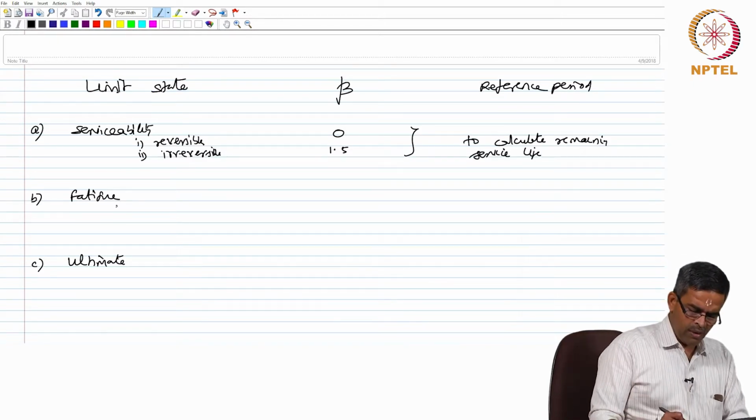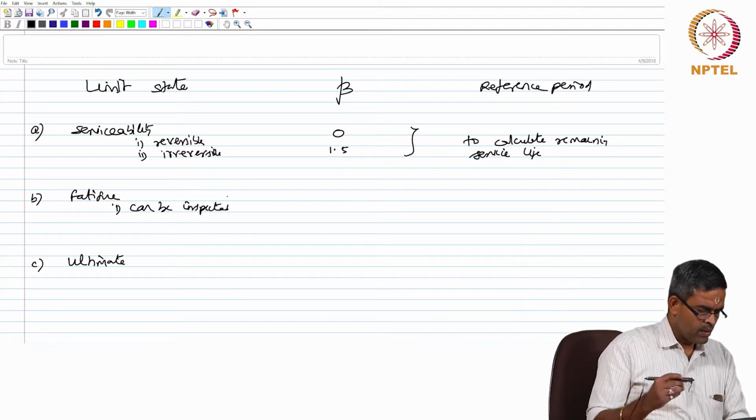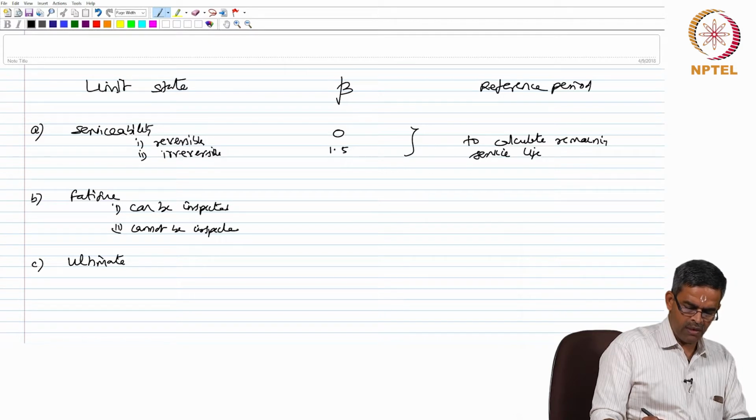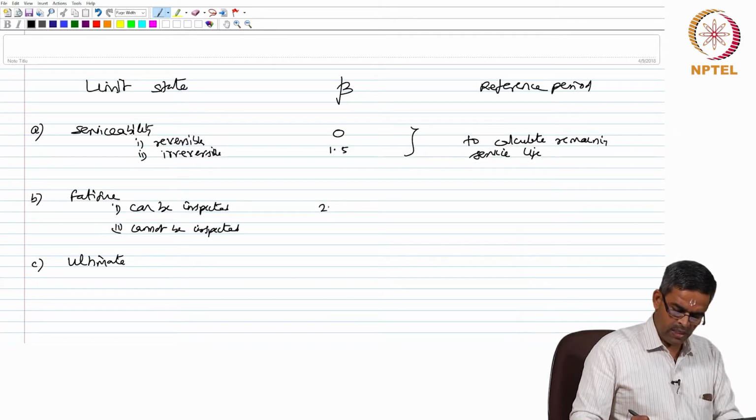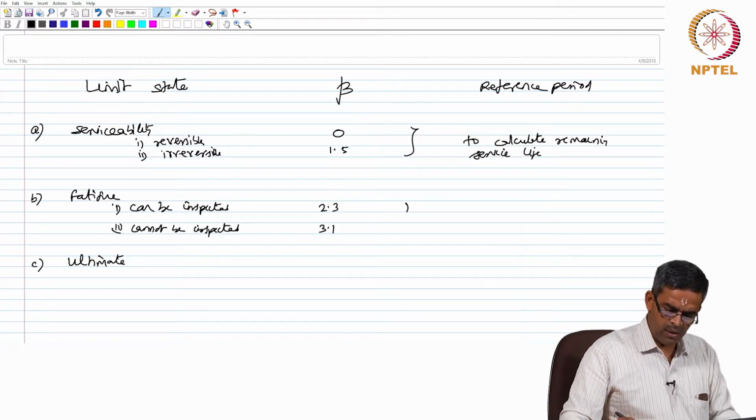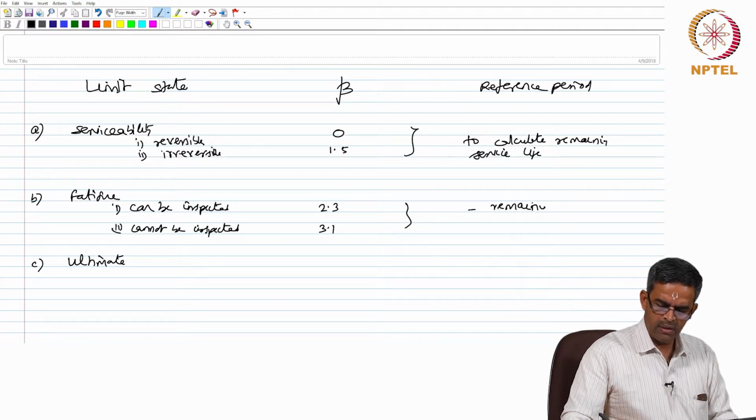For fatigue reliability, the conditions are: if the structure can be inspected or it cannot be inspected. If the structure can be inspected, then the target reliability index is 2.3, if not it is 3.1, which will also help you to calculate the remaining service life of the structure.